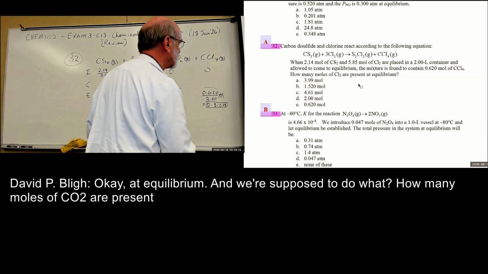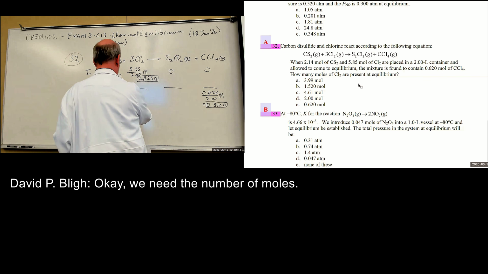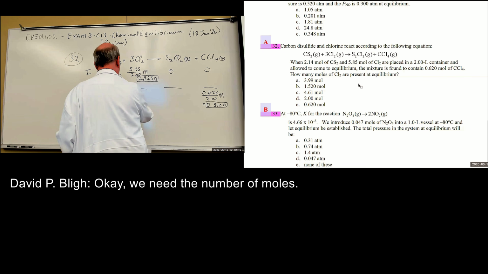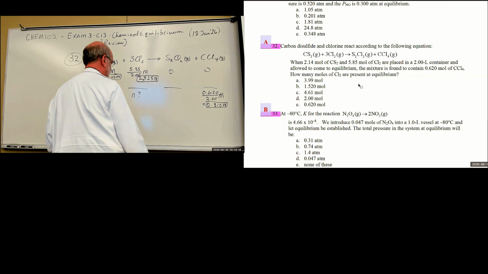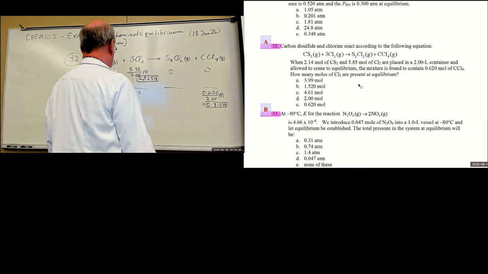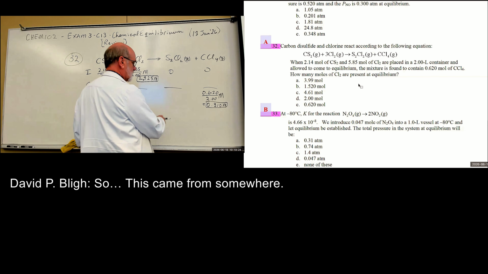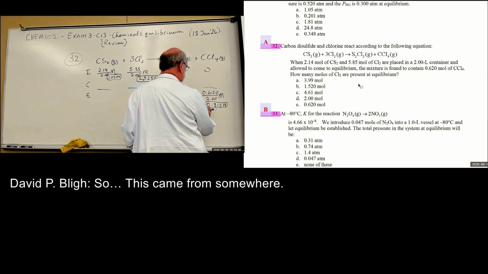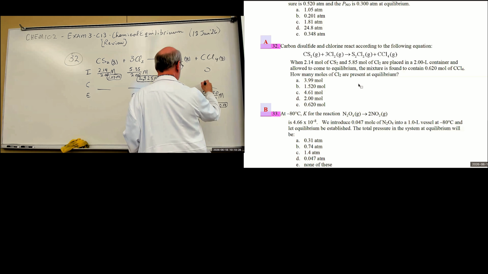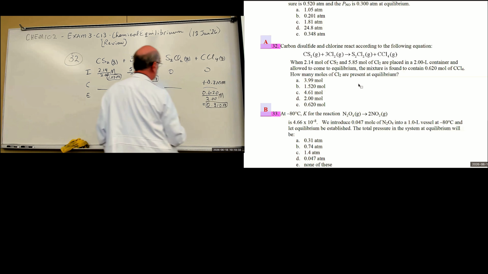And we're supposed to do what? How many moles of Cl2 are present? We need the number of moles present. So this came from somewhere, right?